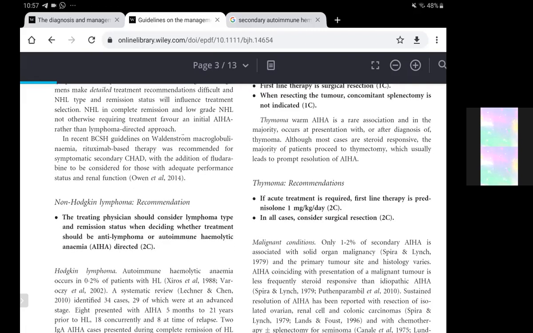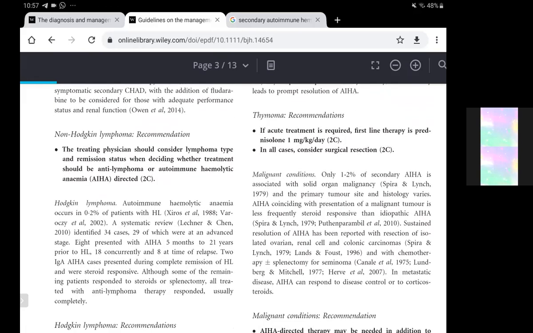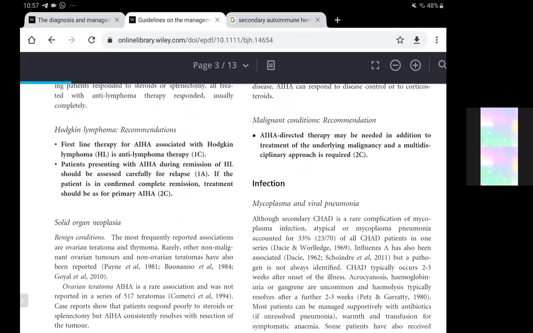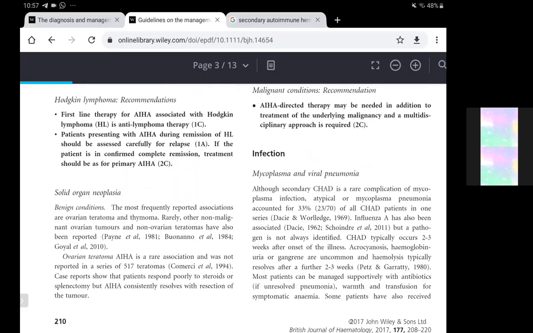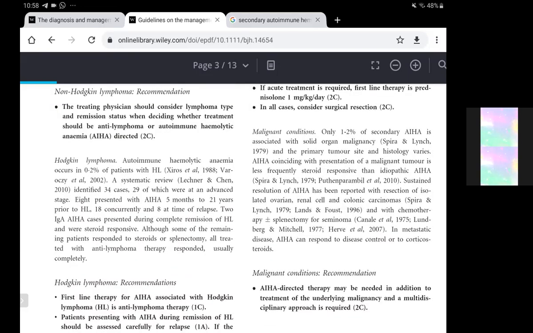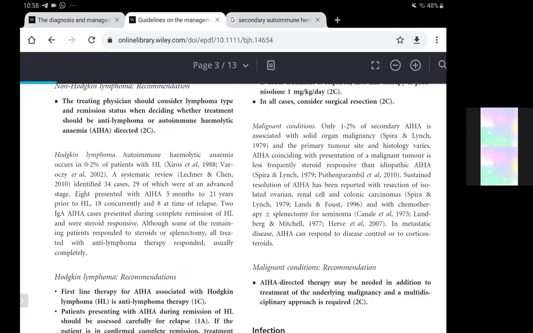So in ovarian teratomas, we had steroids or splenectomy, and in thymomas, we just need to go for prednisolone, or otherwise surgical resection.